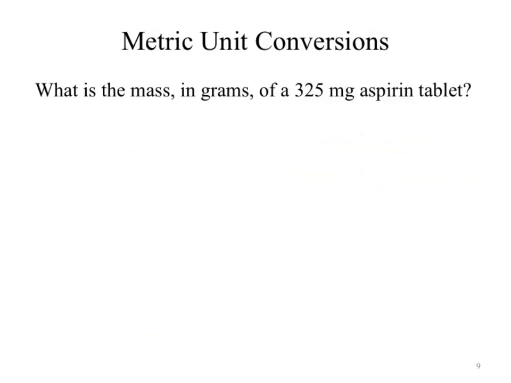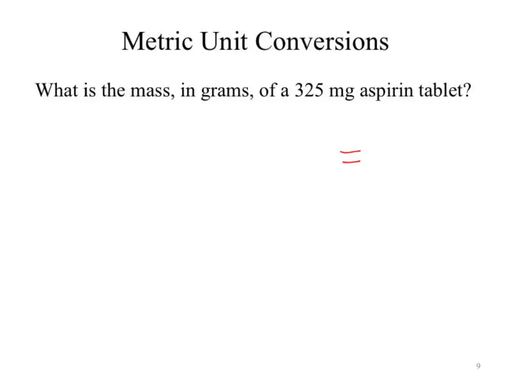Okay. So let's start with another simple example to kind of work our way through it. What is the mass in grams of a 325 milligram aspirin tablet? Where should we start? Get some information about our answer. What do we have? We know our answer is going to equal something. And what do we know about it?